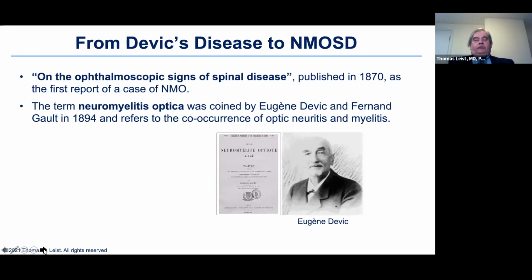So as I mentioned, this first chapter is from Devic's disease to NMOSD, to neuromyelitis optica spectrum disorder. As I go through this talk, you will see that this is a little bit differently organized from the prior talks in this 3-talk series that we put together.